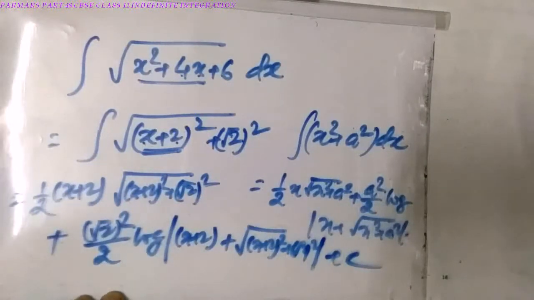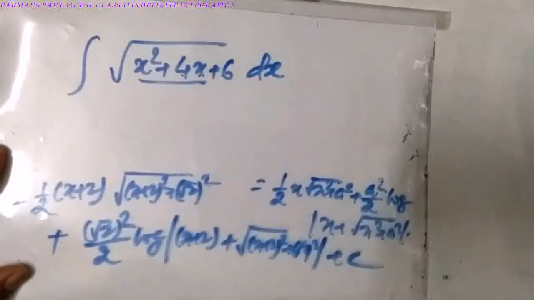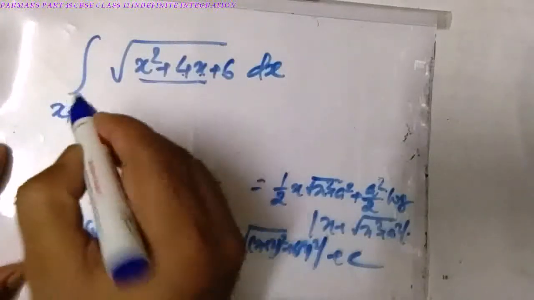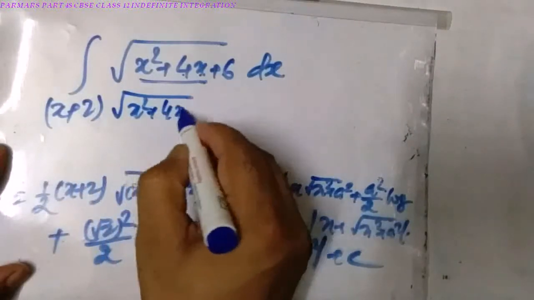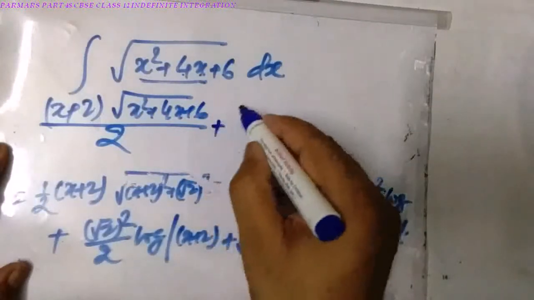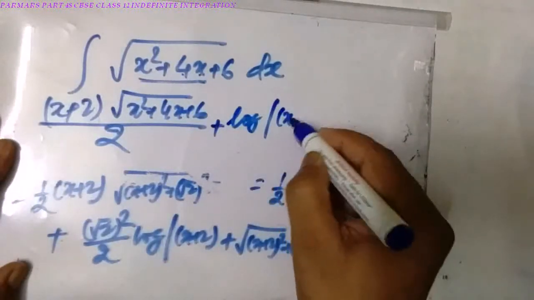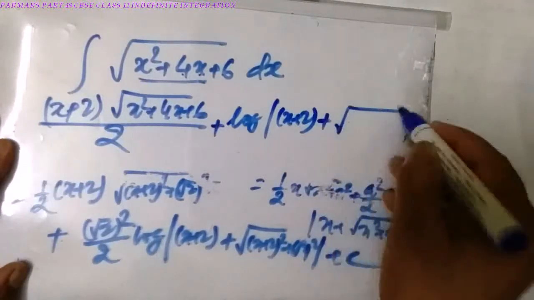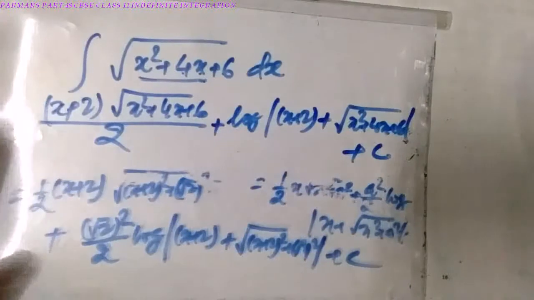So I have applied the identities. What identities? I have mentioned them just behind. Then write down that it is x plus 2 over 2, and this whole thing is your x square plus 4x, where we did not take anything out, plus 2, and then plus 2 by 2, that is 1, log of x plus 2 plus root under x square plus 4x plus 6, and plus c, where c is the constant of integration.